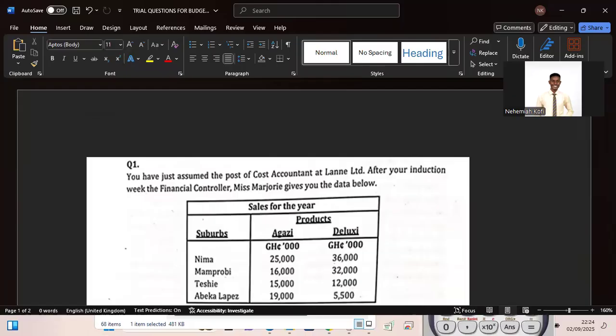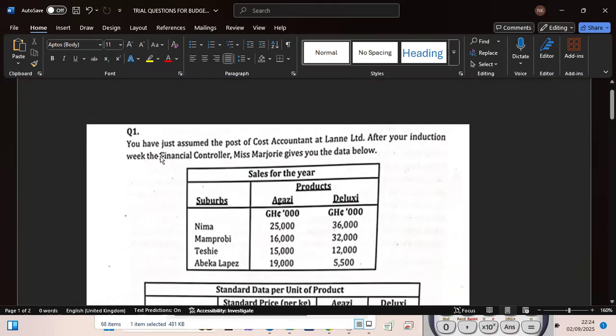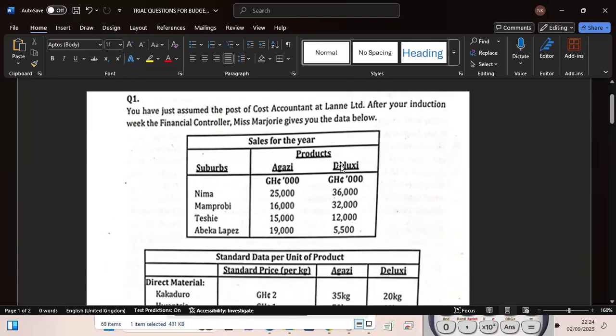All right, so this is the first question, and this first question is saying that you have just assumed the post of a cost accountant at Lani Limited. After induction week, the financial controller, Miss Marjorie gives you the data below.